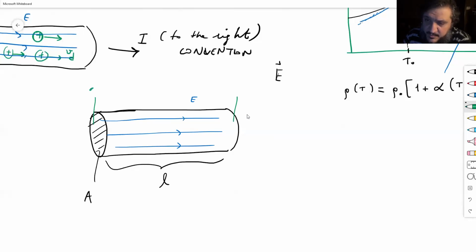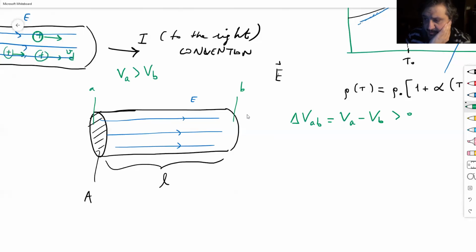Let's call these points A and B. So the left-hand side is greater in potential. VA is greater than VB. And the difference, which we can call delta VAB, is equal to VA minus VB. So let's think in terms of delta VAB instead of the electric field itself.